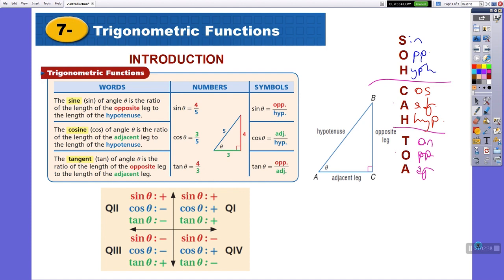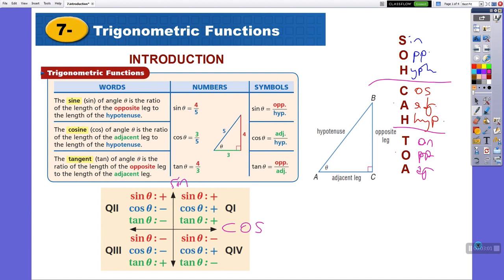So SOH CAH TOA. The second thing I'm going to remind you is signs of trigonometric functions in each quadrant. As you know, x-axis represents cosine axis, y-axis represents sine axis. That's the origin.